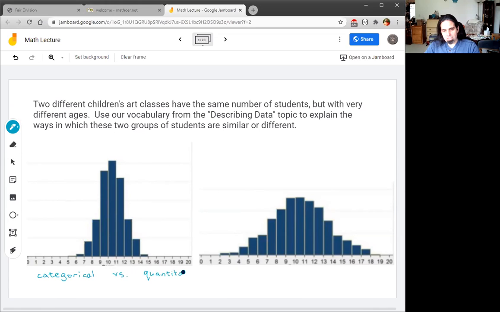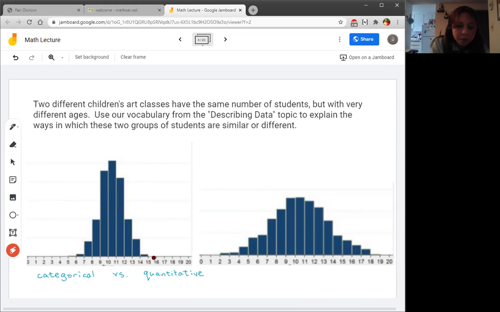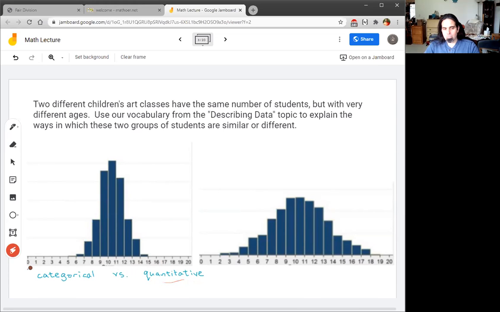Which one are both of these? Quantitative. I'd say categorical. Quantitative. These would be quantitative. The bottom axis are number lines.